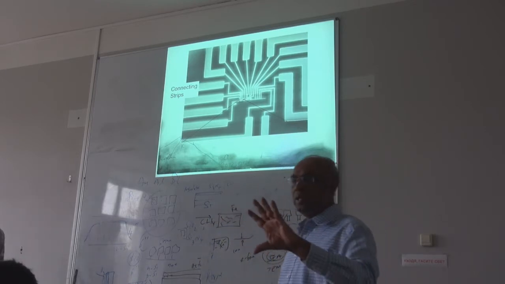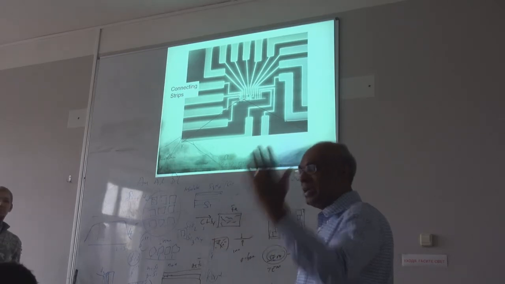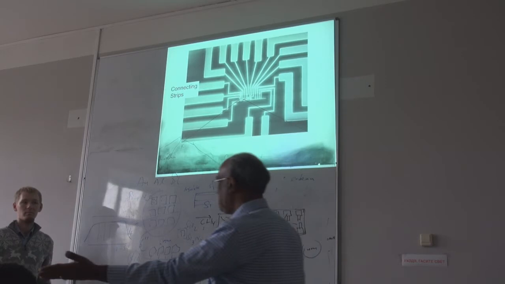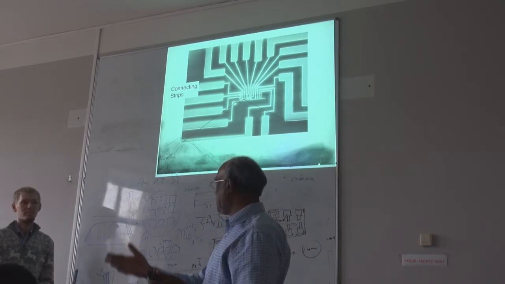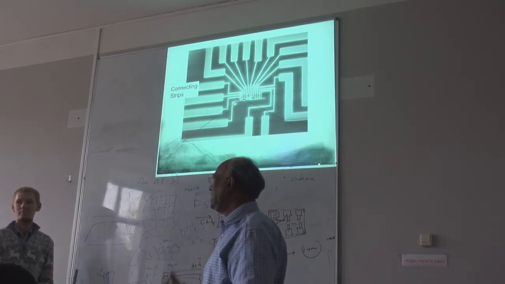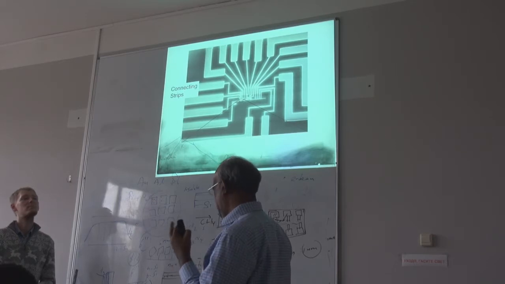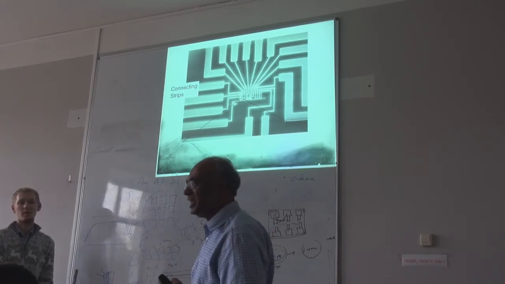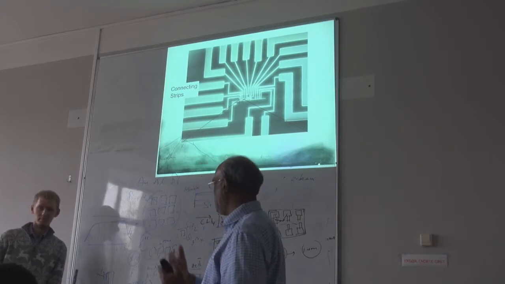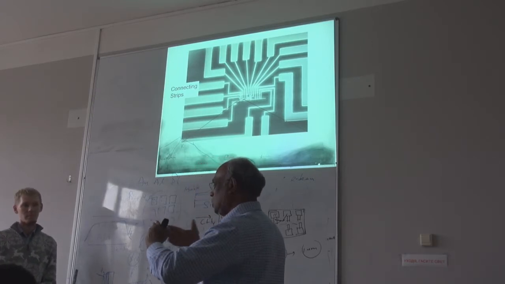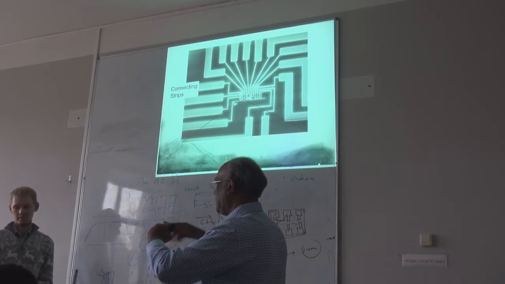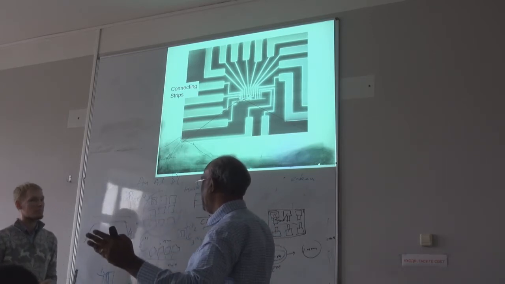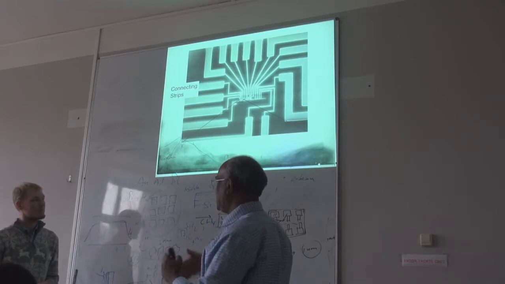So you can see you need photolithography and E-beam lithography. Some people also do holographic lithography. The optics people have two beams interfering, and the interference pattern can have features much smaller than 100 nanometers.